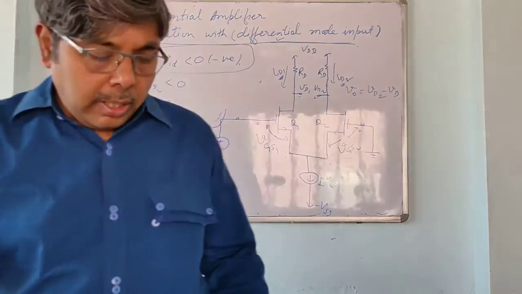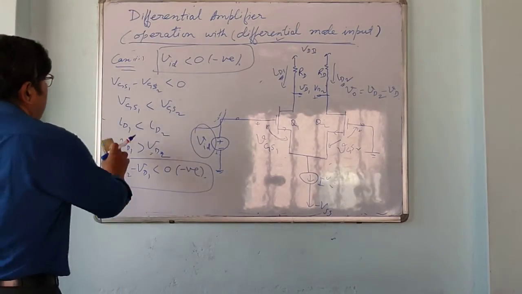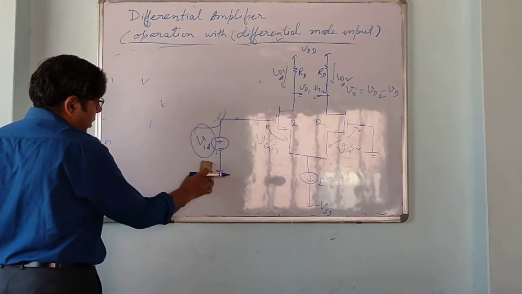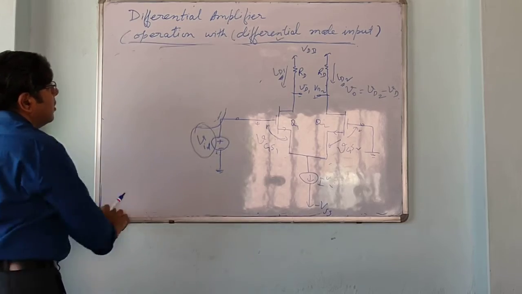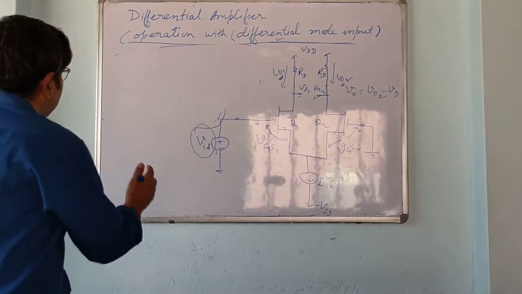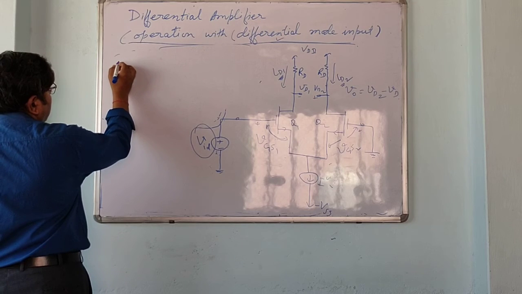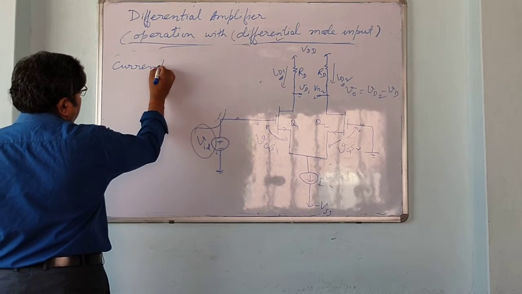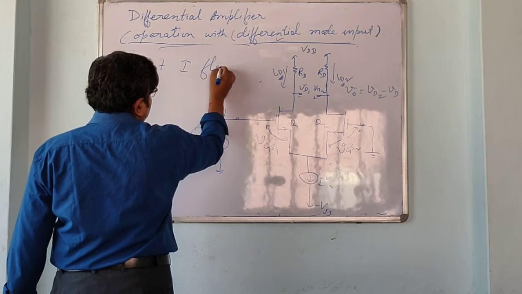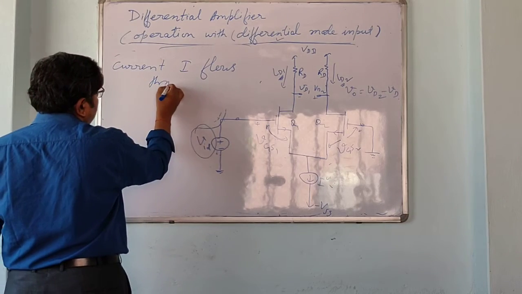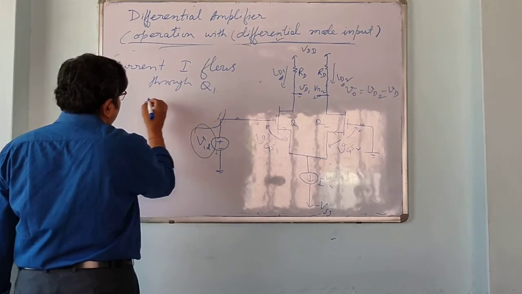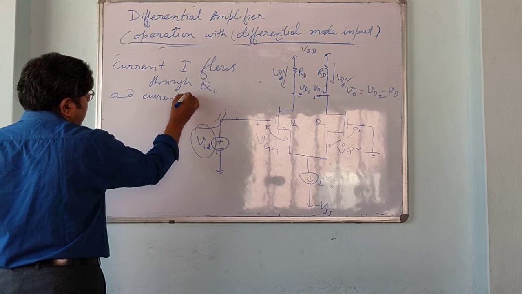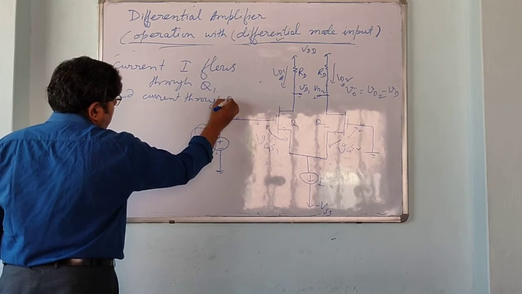So suppose this is the case when the whole current I flows through Q1 and the current through Q2 is 0.